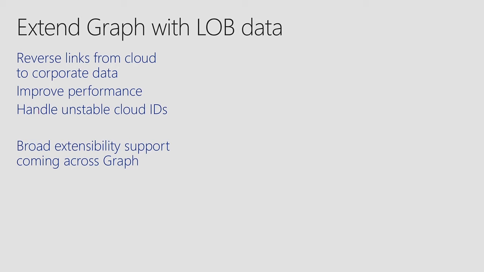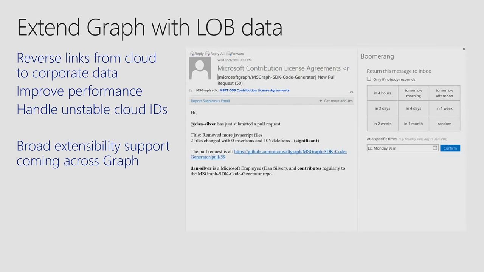Right now, Outlook is the only workload that supports this, but we are working to expand it out to other areas like OneDrive and SharePoint, what have you. As an example, this is speculation, but take the Boomerang add-in in Outlook.